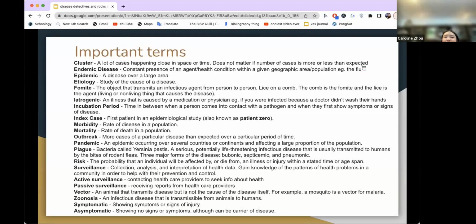Plague is a specific type of disease. It's caused by a bacteria called Yersinia pestis. It's a serious, potentially life-threatening infectious disease that is usually transmitted to humans by the bites of infected rodent fleas. There's three major forms of this disease. The first is bubonic.